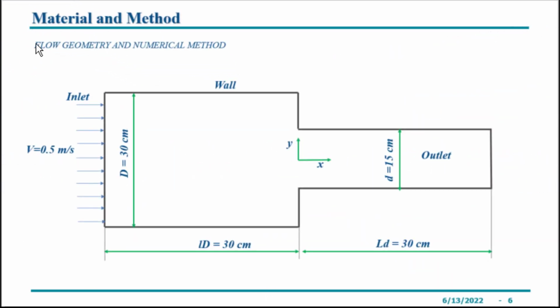Here are my geometry dimensions in this figure. As you see, the fluid will flow axially at the inlet with diameter D and then pass to a small d of 15 centimeters, from 30 centimeters to 15 centimeters, and the upstream and downstream passage lengths have been set as 30 and 30.